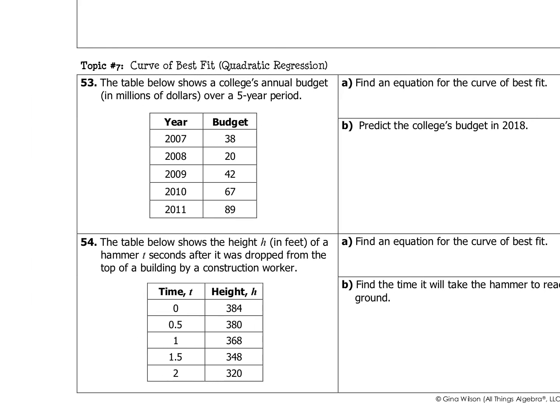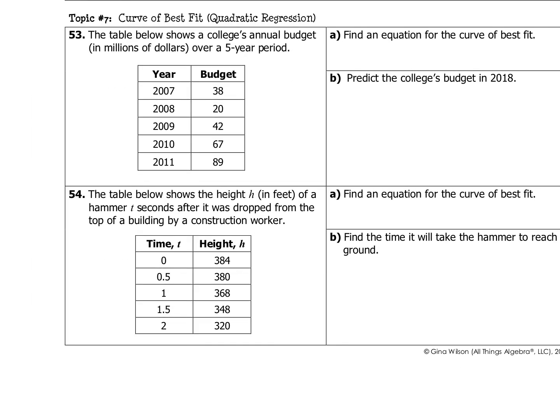All right, 53 and 54, these are both quadratic regression problems. So just like when we're doing linear regression or one variable statistics, you're going to choose the stat button. And then the very first choice, you're going to choose edit, and you're going to get your columns.